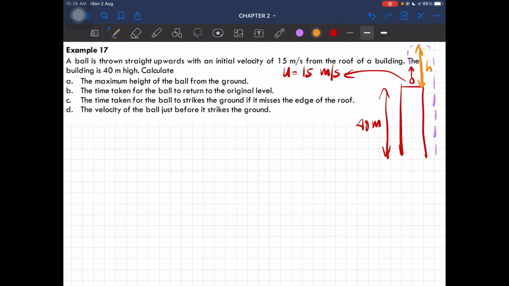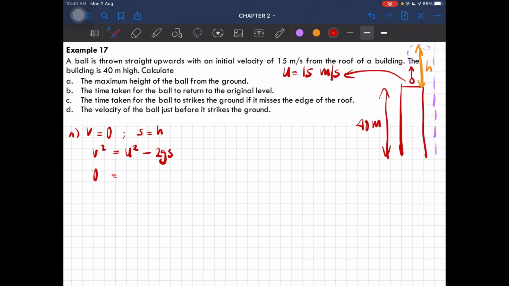Okay, right, so maximum height of the ball from the ground. So maximum height is reached at the point where the velocity equals 0. So we can let s be h, where we are looking for the maximum height from the release point first. Okay, we are looking at this small h first. Just use the formula v squared equals u squared minus 2gs.